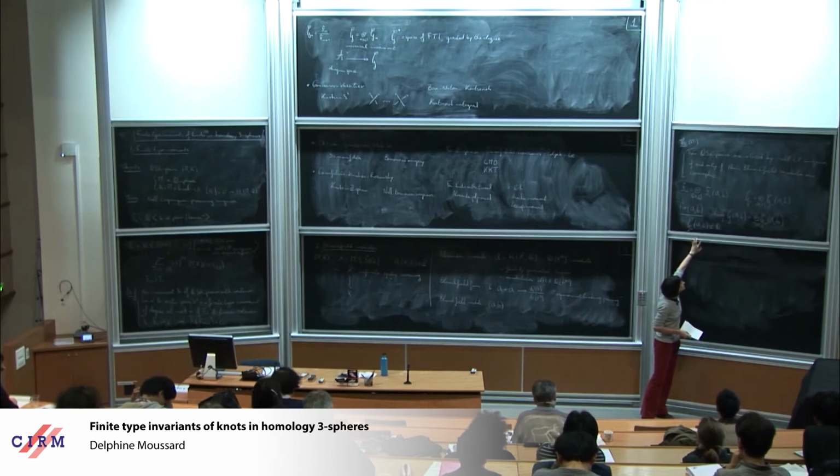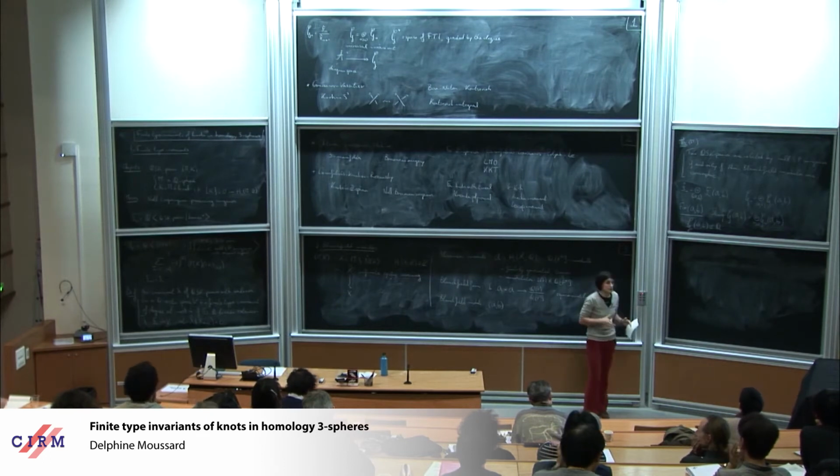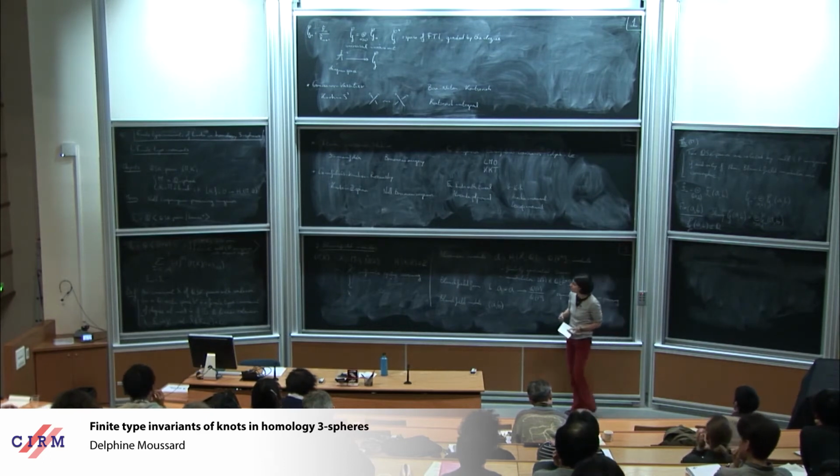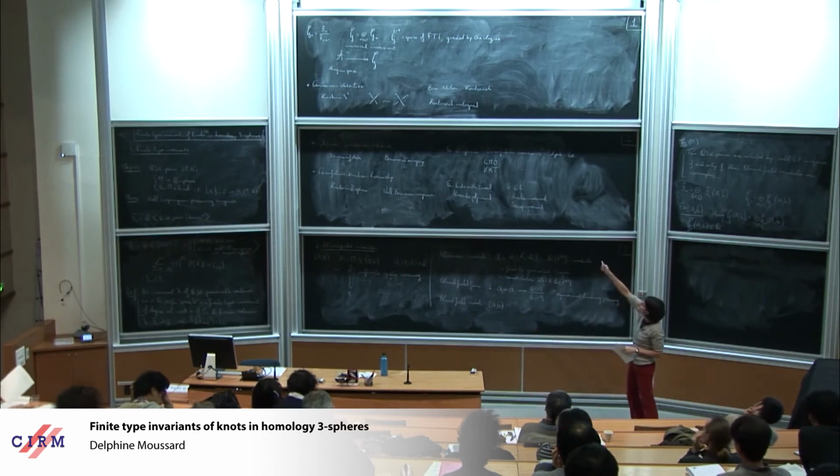Now to describe the whole graded space G_AB, I will introduce some diagram spaces in order to try to obtain this picture.